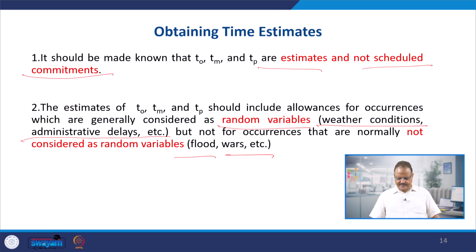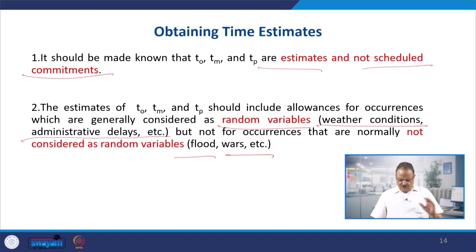No allowance for that. But yes, while making these estimates TO, TM and TP, the network engineer should have some allowances for these random variables, that may be because of some administrative reasons the project may be delayed, or because of the weather conditions the project may be delayed, then the true time estimates can be obtained.